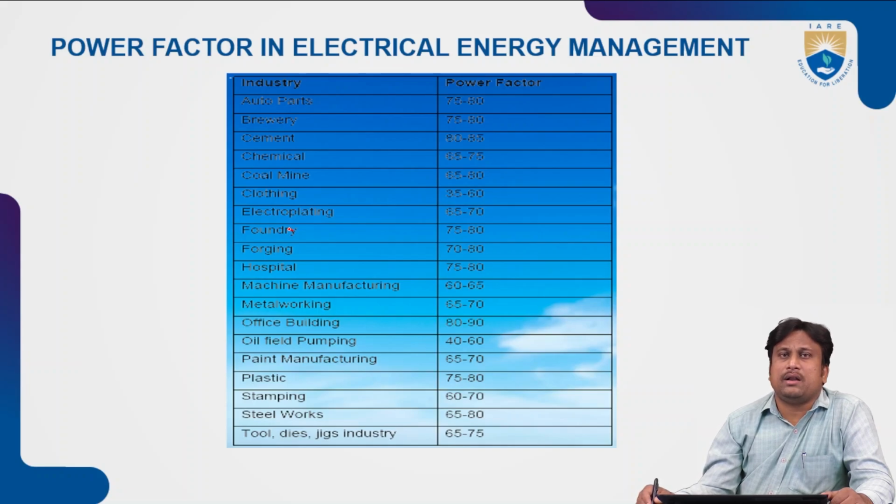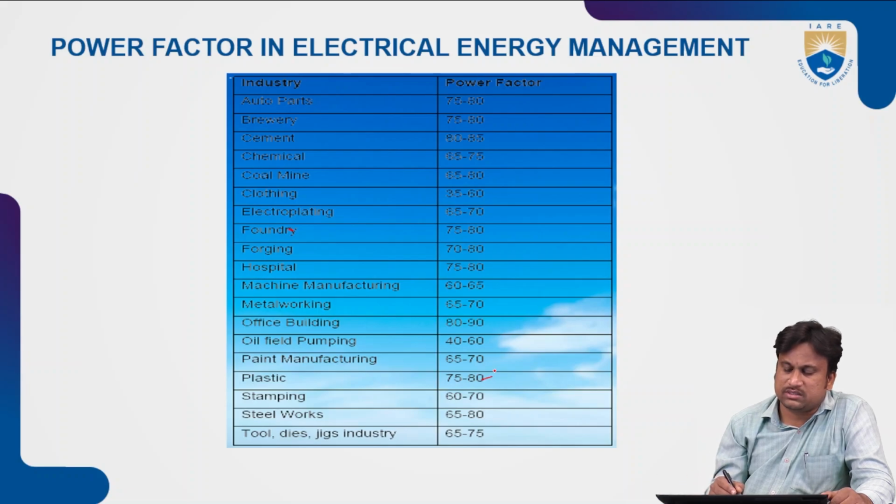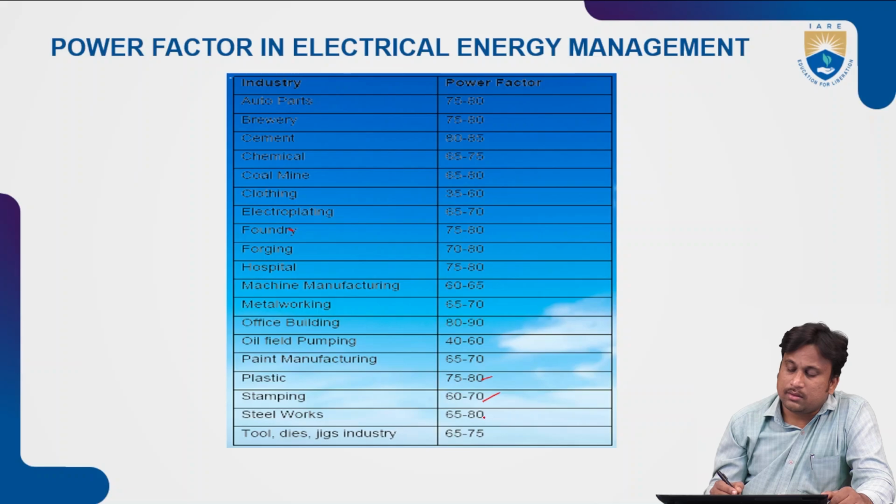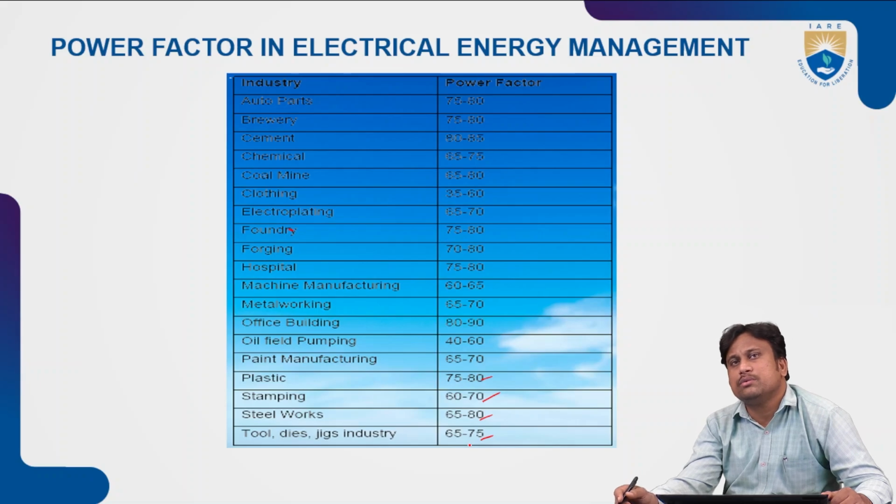Plastics, 75 to 80. Stamping, 60 to 70. Steel works, usually 65 to 80. Tool, dies and jigs industries, 65 to 70.